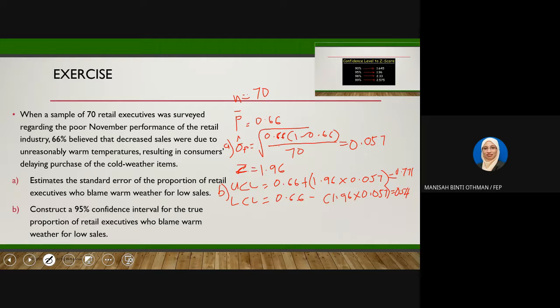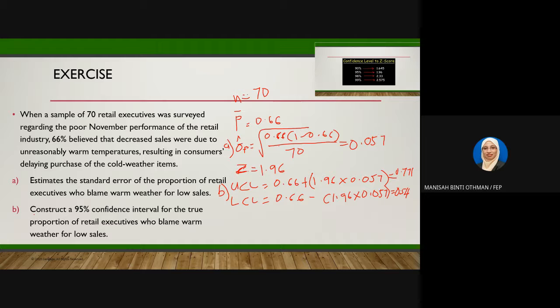So we are 95% confident that the population proportion is between 0.45 to 0.771, or between 54% to 77.1%.